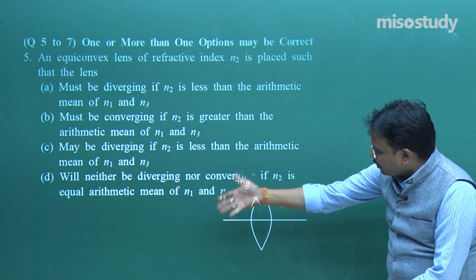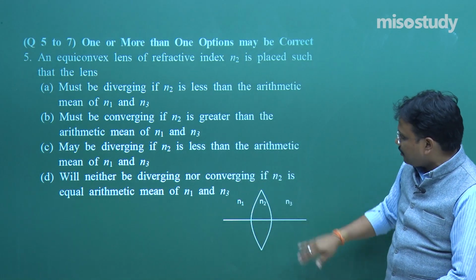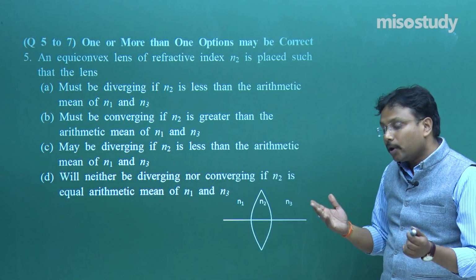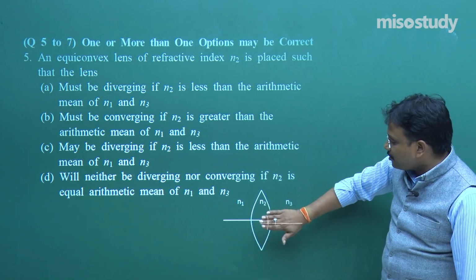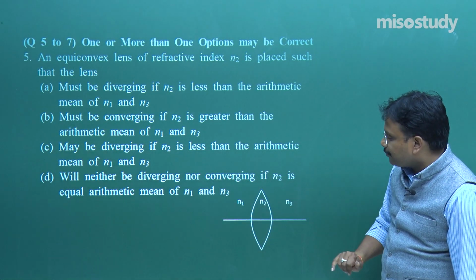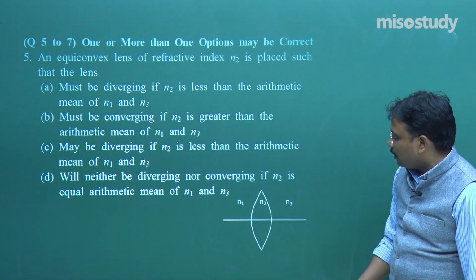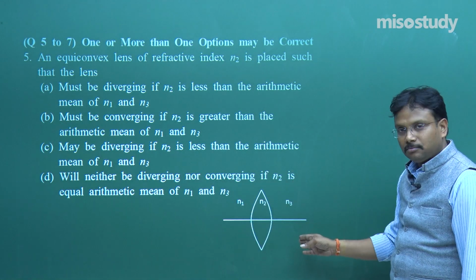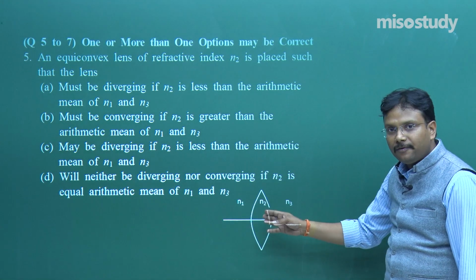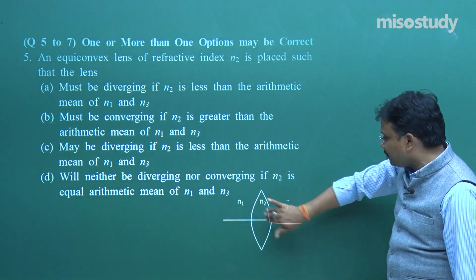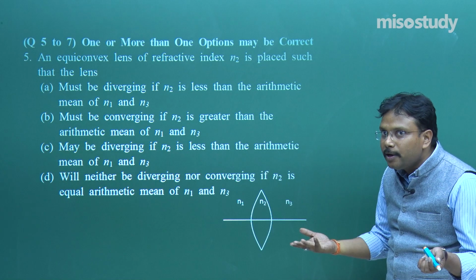What exactly is required over here? Let's say N1 is something, N2 is something else, N3 is something else. It means this lens is going to behave differently. Let's say this is water, this is glass, and this is honey. Obviously the nature is going to be different. Let's say this is honey, this is glass, this is water. Things are going to change.